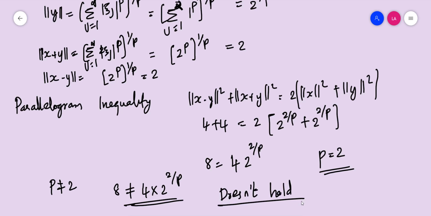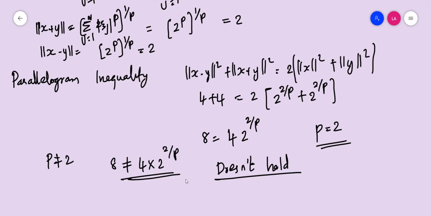So our space is not an inner product space, because if it were an inner product space, the corresponding norm would be induced from the inner product, which means the norm should satisfy the parallelogram identity. That is not satisfied here whenever p is not equal to 2. So our space is not an inner product space, which means it is not a Hilbert space either.